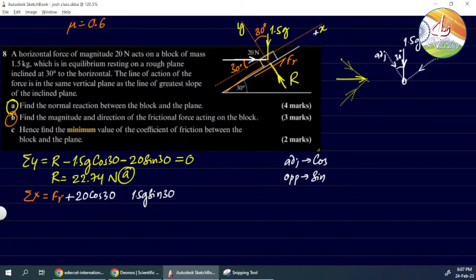And is it positive or negative? Right side is positive, left side is negative. So is it negative or positive? It will be positive. Look at this arrow.